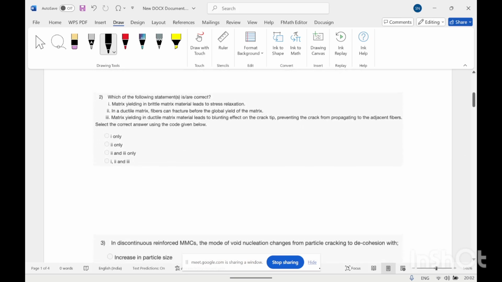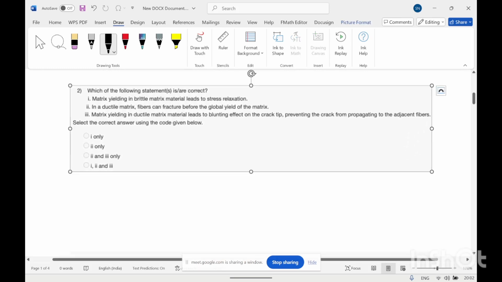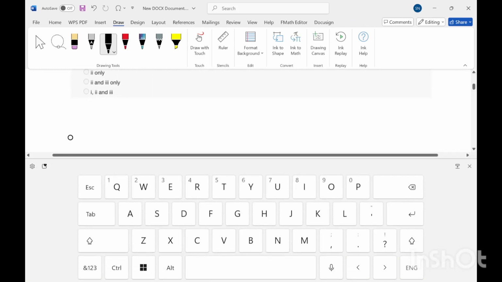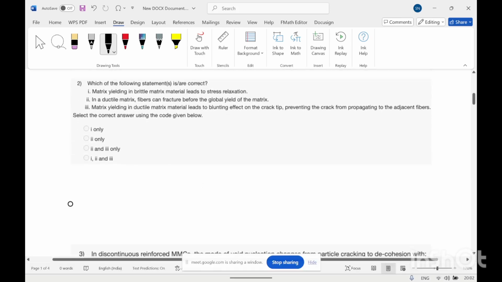The second question asks which of the following statements is correct. The first option says matrix yielding in brittle matrix material leads to stress relaxation. The second option says in a ductile matrix, fibers can fracture before the global yield of the matrix. This is correct.